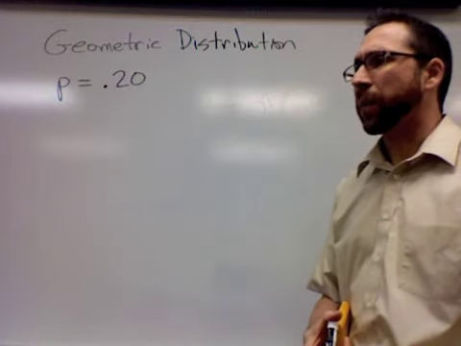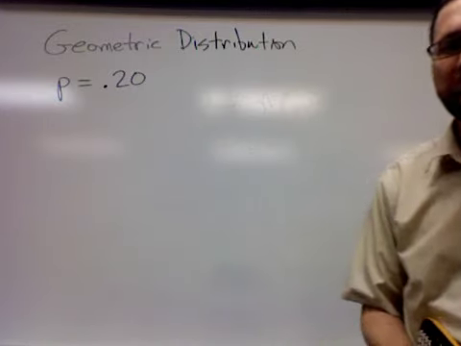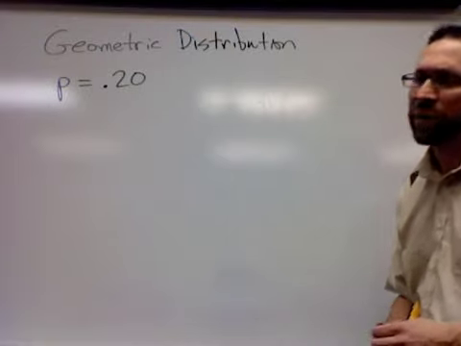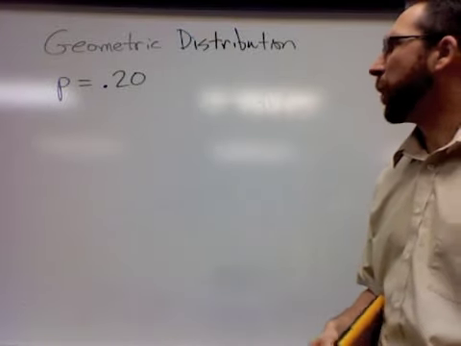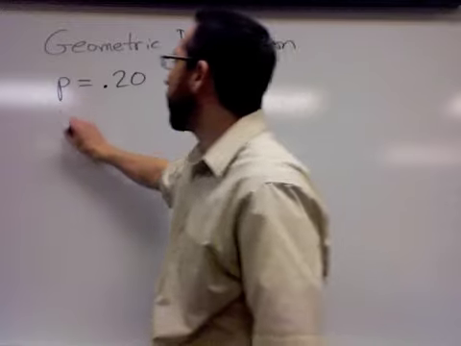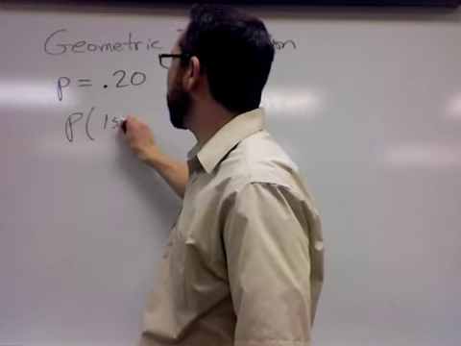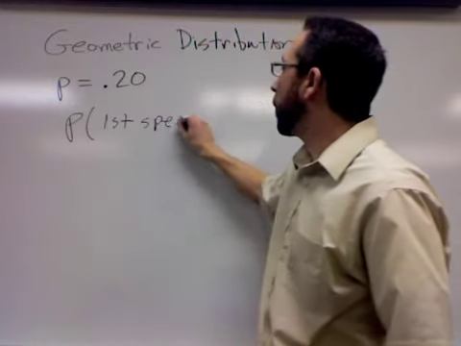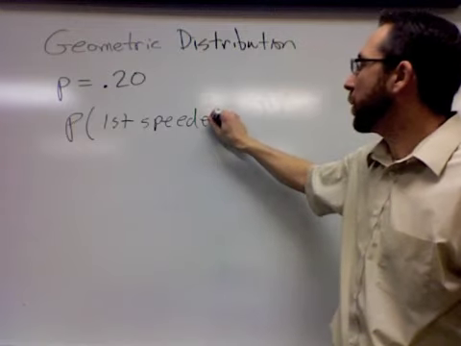Let's say that the probability of somebody speeding in their car, going beyond the speed limit, is 20%. A question might be, what is the probability that the first speeder will be in the 10th car?